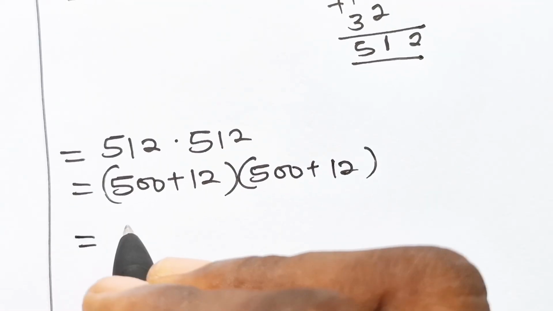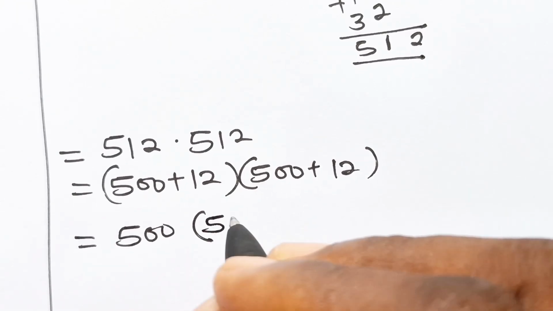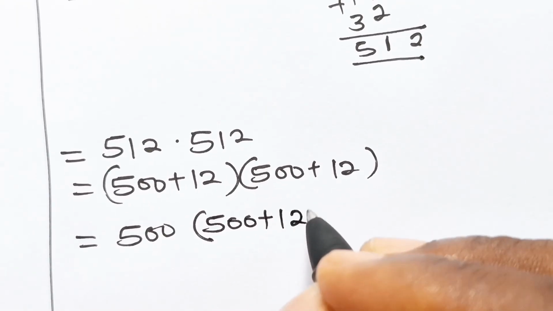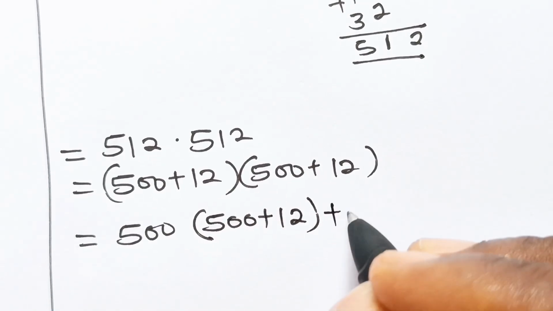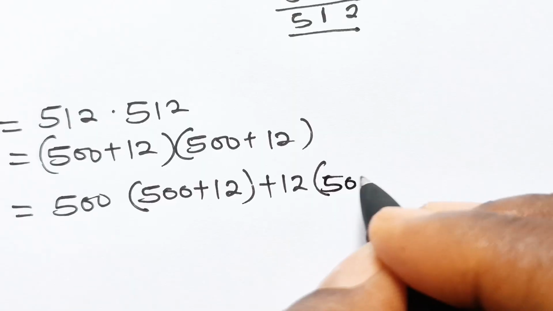So this is equal to 500 multiplied by the whole of this bracket, plus 12 multiplied by the whole of this bracket.